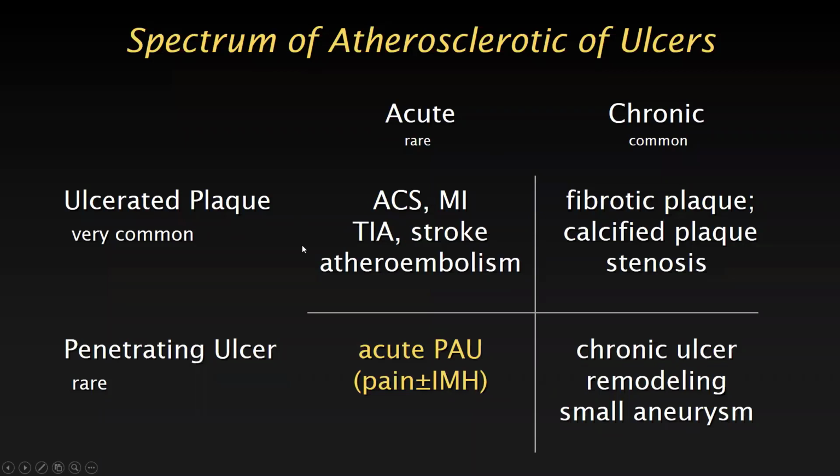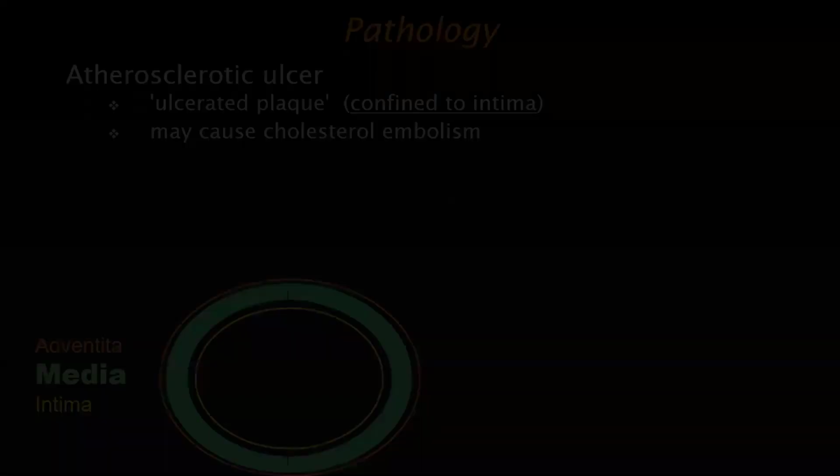So all of this happens within the intima, and all of this happens within the thick intima within that plaque. So if one of these ulcers happens to penetrate through the internal elastic lamina into the media, then it's called an acute penetrating atherosclerotic ulcer.